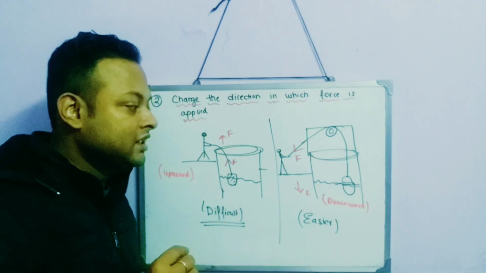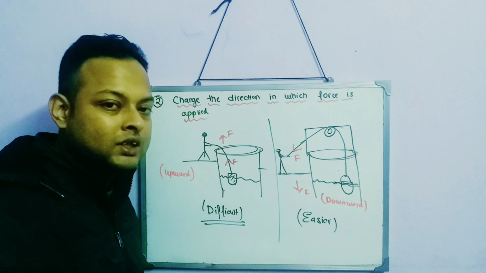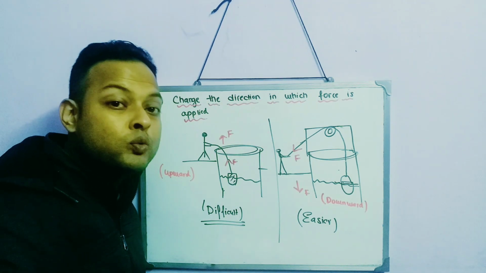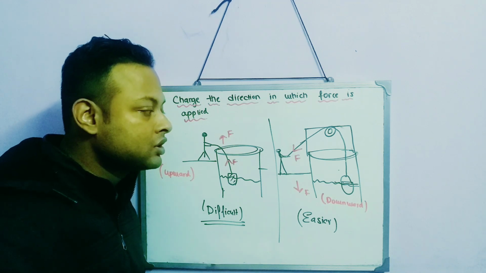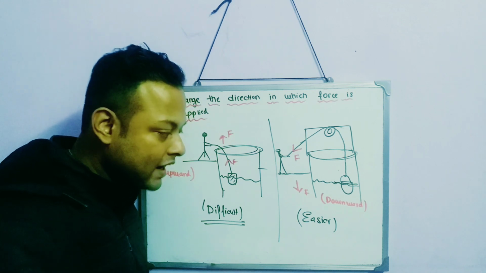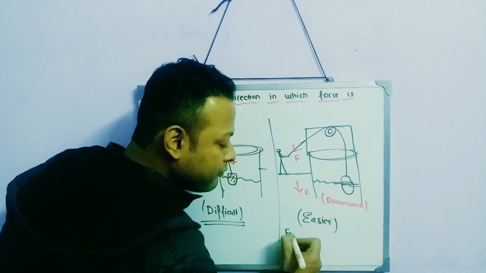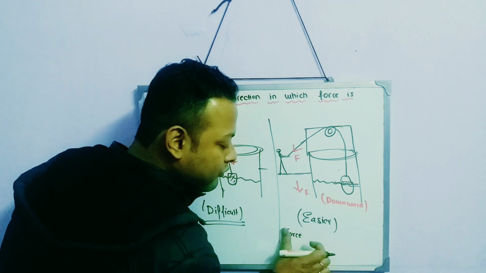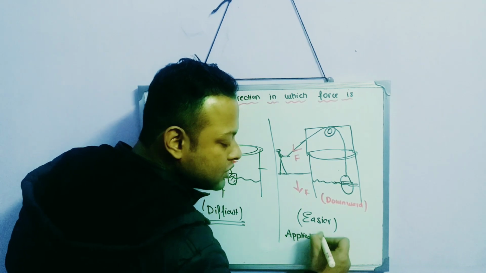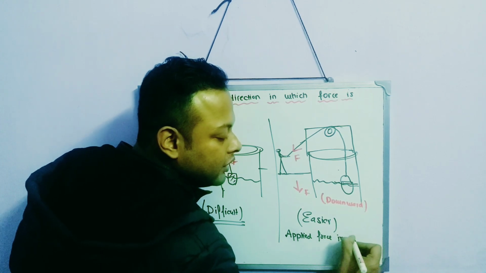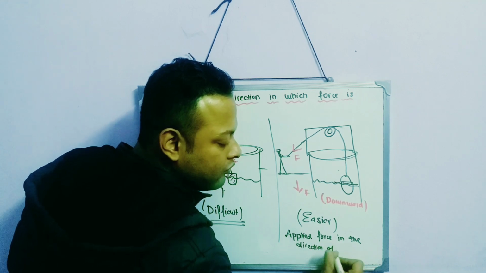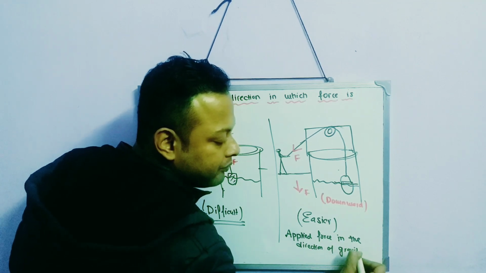How? See, this is where a little more knowledge is required. If we are applying the force in the downward direction, what is with us? Gravitational force. So we are applying the force in the direction of gravity. I can say applied force in the direction of gravity.